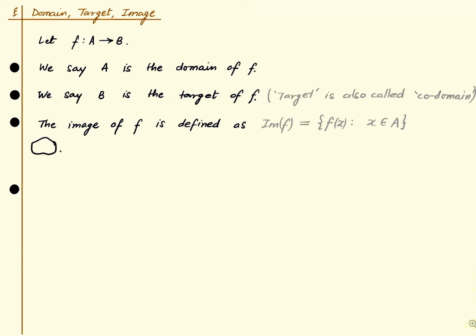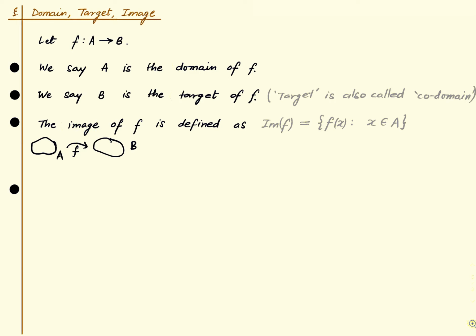Here you have the set A, then you have the function f, you have the set B. What you are doing is you take a point in A and take the image, meaning take the value that you get when you apply f to that element of A. You do it for every element of A, and then you get all the points that you are able to produce in this fashion, and that is what this set is. So the image of f is all the possible outputs that you can generate using the function f. That's all. And it's a very fitting terminology.